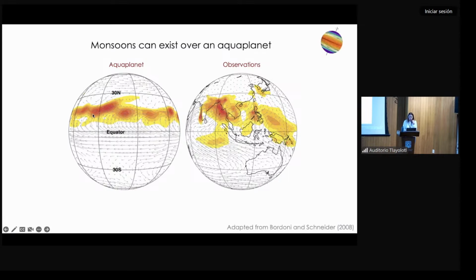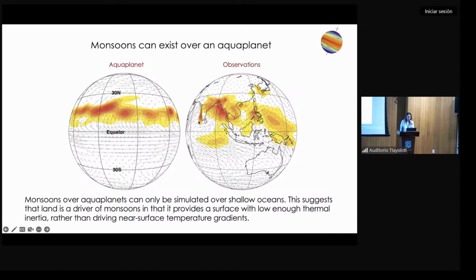And I hope that you can see that during Northern Hemisphere summer, even in the absence of a continent in the subtropics, the rainfall band migrates to latitudes in the subtropics that are similar to what we see over the Southeast Asian monsoon, with the establishment of a southwesterly cross-equatorial flow that again is similar to what's seen in the observations.